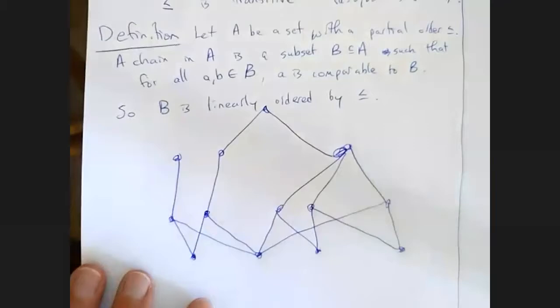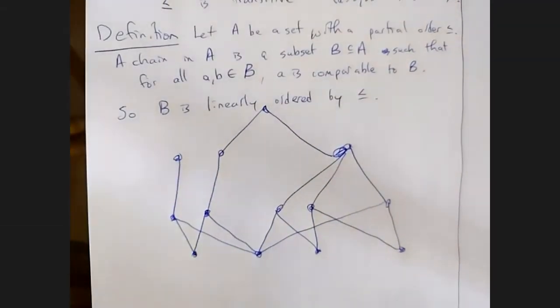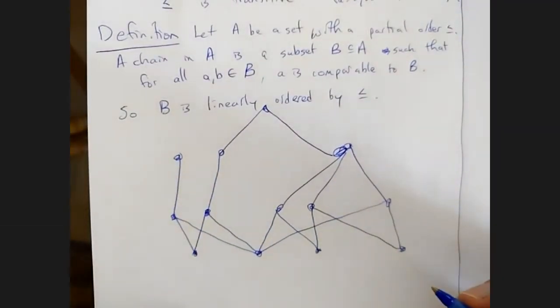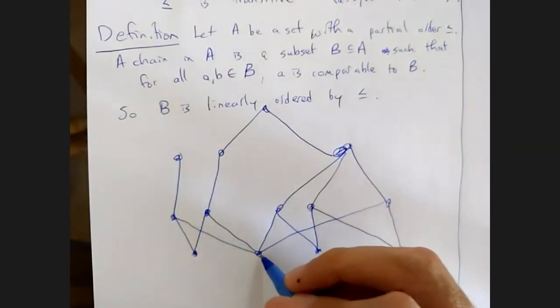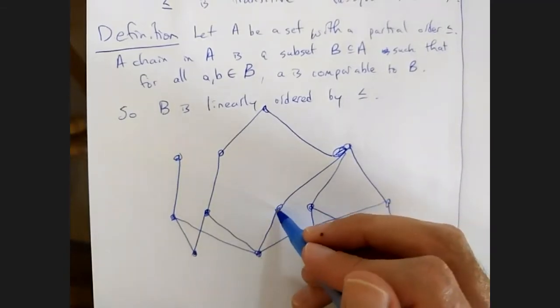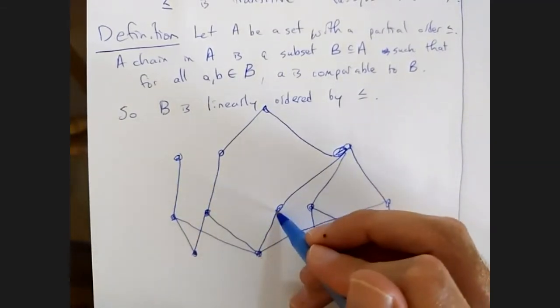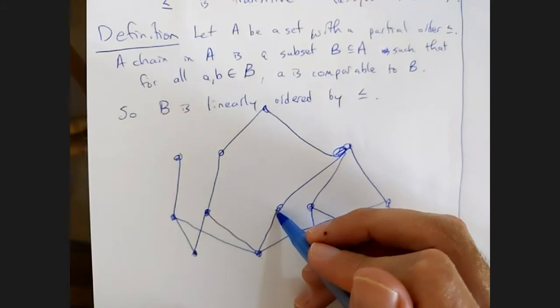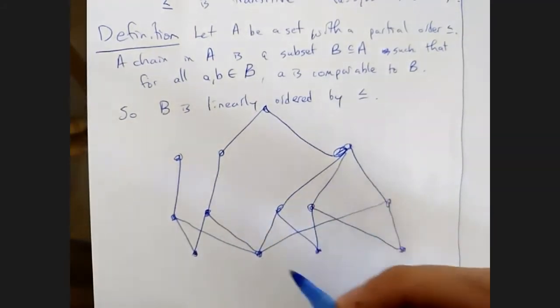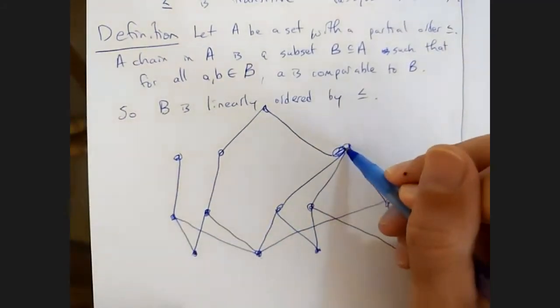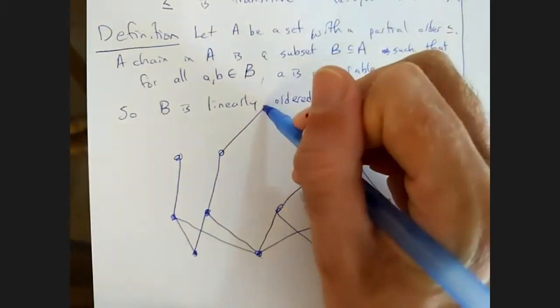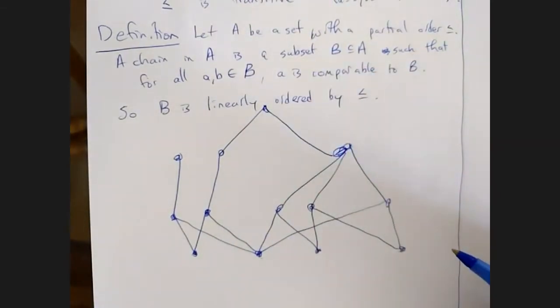Maybe in this picture, the lower down dots are less than or equal to the ones that are joined to them higher up. And this relation is supposed to be transitive. So this thing is less than or equal to this thing, which is less than or equal to this thing, for example.